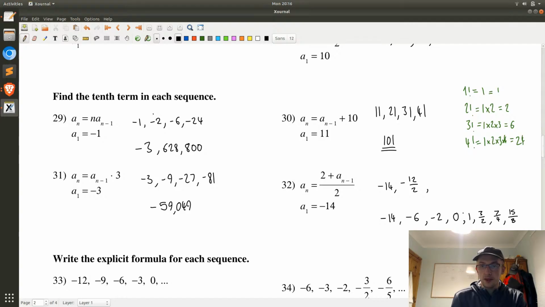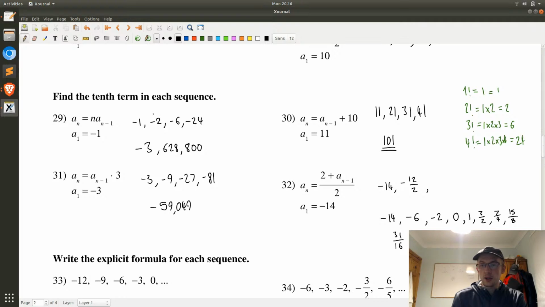Right, so we have term 8. And now let's get term 9 and then term 10. 2 add 15 over 8 is 31 over 8, which is 31 over 16. Oh, I can already see it. Do you see it yourself? 1, 3, 7, 15.